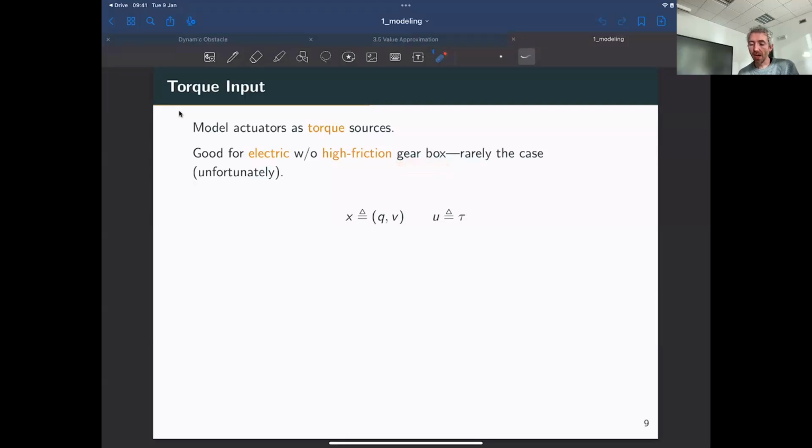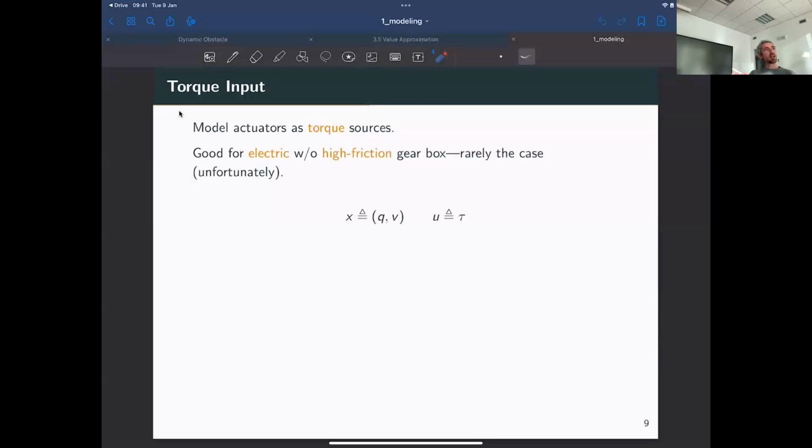If you have a high ratio gearbox, so a gearbox with a gear ratio that is above 20, I would say, most likely it's going to have a high friction, especially static friction. So the friction that you have even at tiny velocities is the one that prevents you from moving.